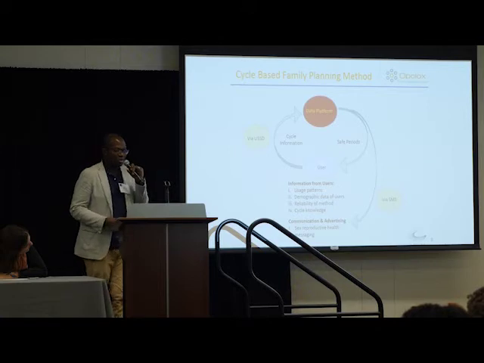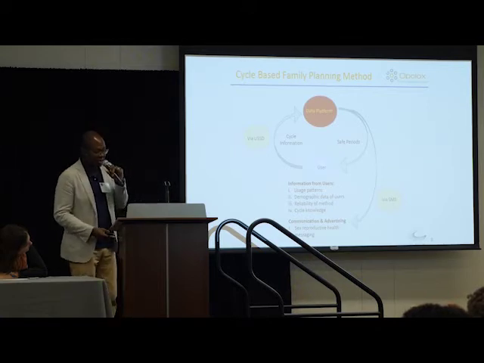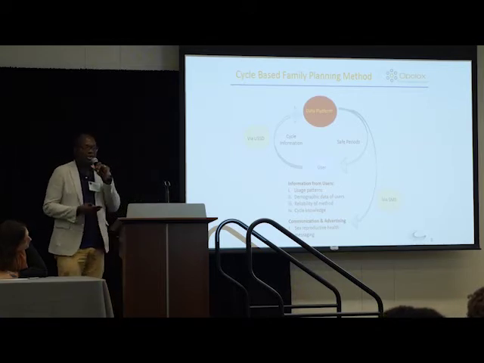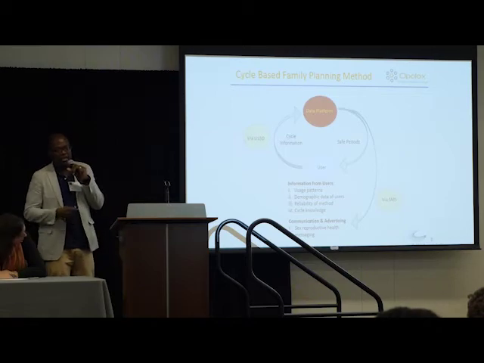USSD is unstructured supplementary service data. It's commonly used in Nigeria for money transfer and airtime purchases. People are very knowledgeable and familiar with it, so you're not changing behavior. So it could be used to get information from users about their menstrual cycle.